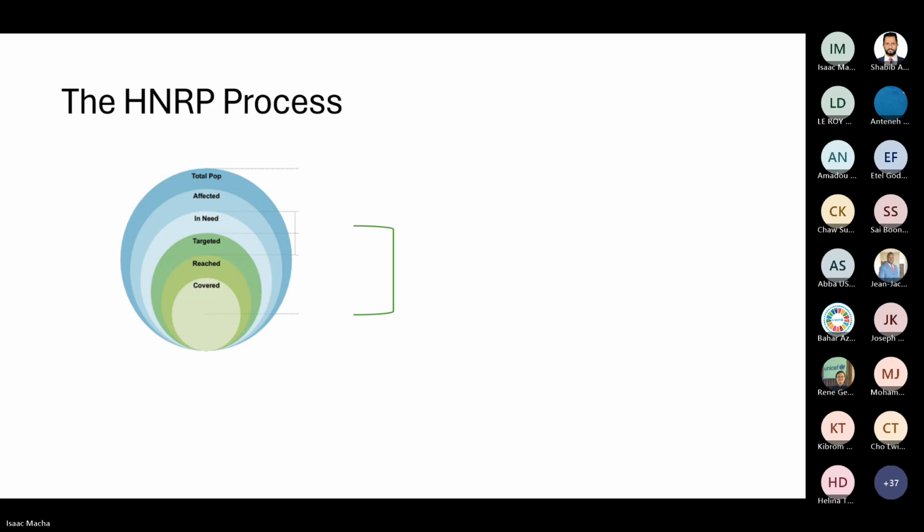So in the HNO, we should be able to identify who is affected in a particular country, which part of the country is affected, and the types of shocks. Within those affected populations, we need to identify the people in need. And when you reach the stage of the humanitarian response plan, we should be able to identify the people to be targeted for the 2026 response plan. So this is basically what we will be covering throughout this webinar. Next.